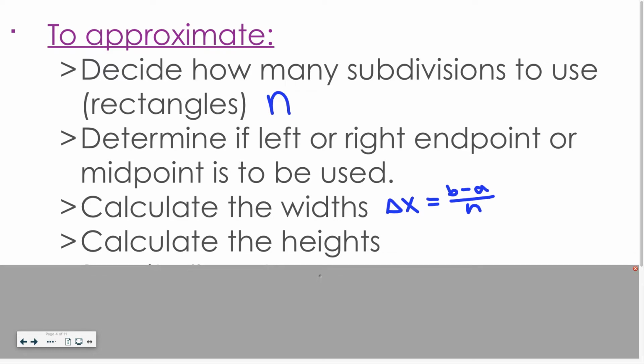In order to find area, you need to know how wide your rectangles are. You need to know how tall your rectangles are. So you're going to have to figure out the heights. Since we're using a curve, your function value gives you how tall the curve is. So as long as you know the y value at each of those x coordinates, you know how tall your rectangles are.